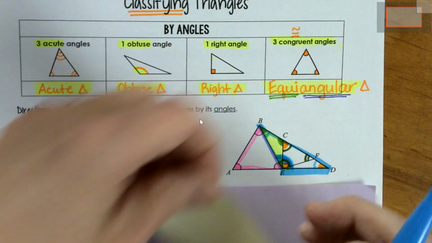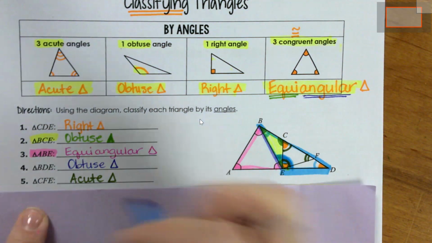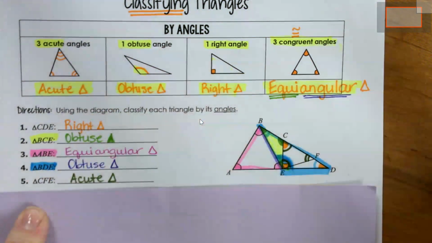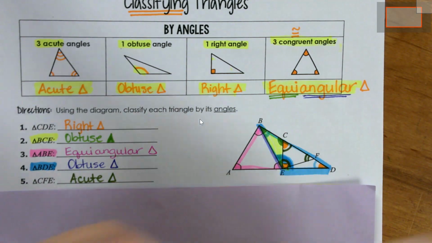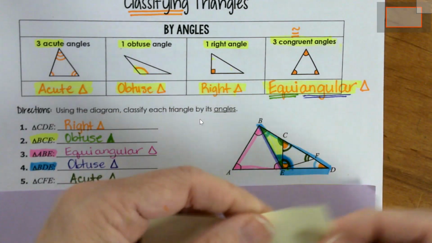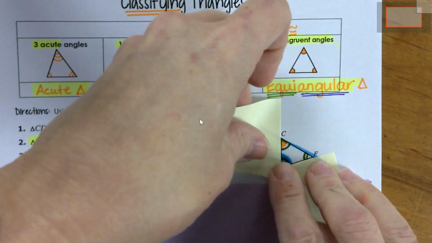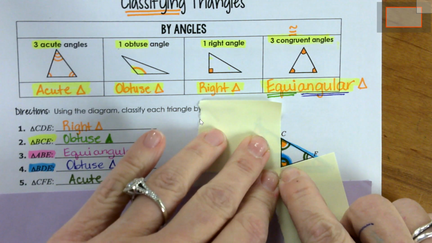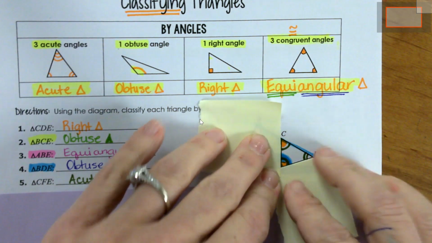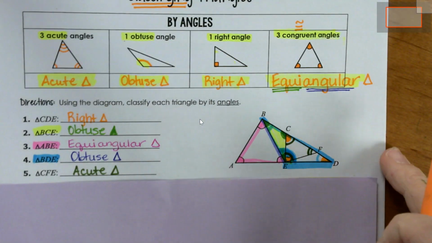So you've got that triangle right there. The big one would be BDE. And then we have this triangle here and this triangle here, and so we're cutting off a little bit of the 90-degree box. We've got two other acute angles, so that is an acute triangle.